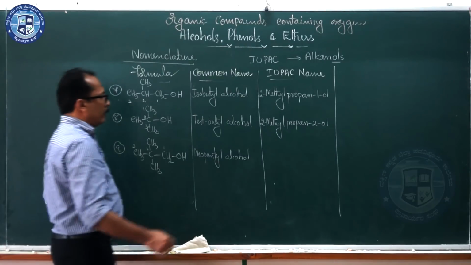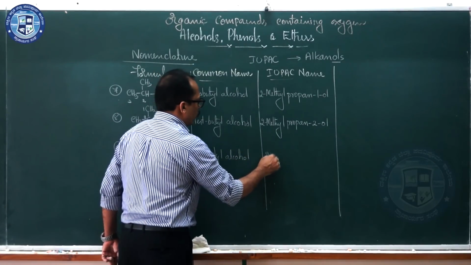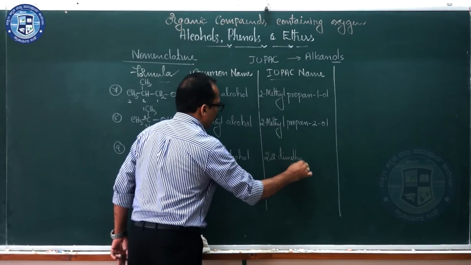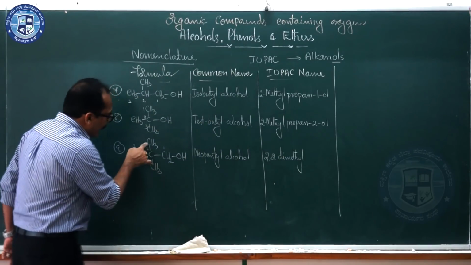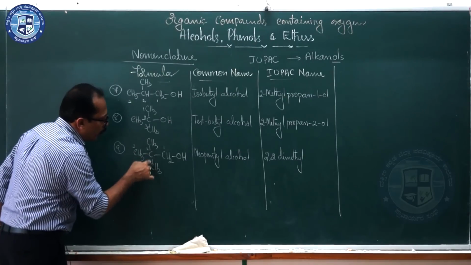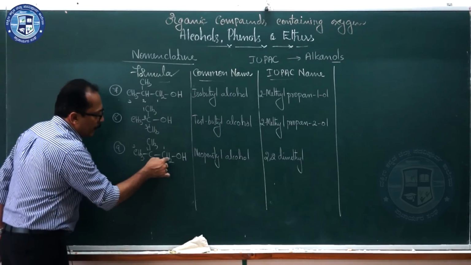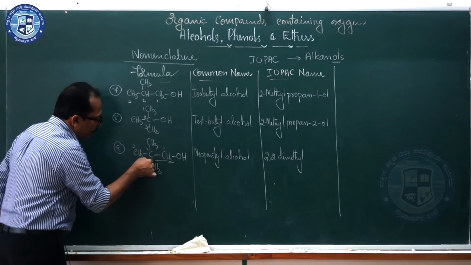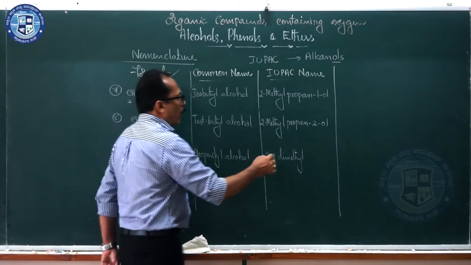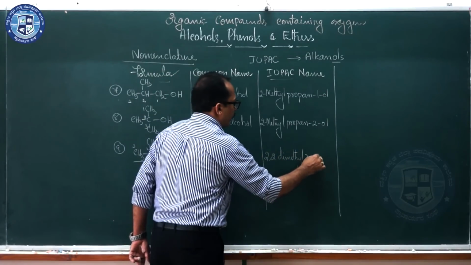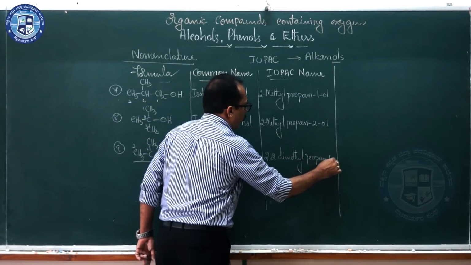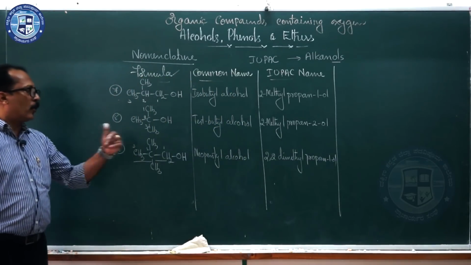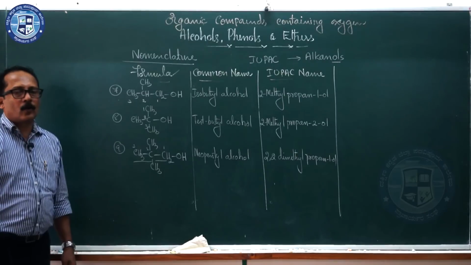The IUPAC name is 2,2-dimethyl. See, at the second position there are two methyl groups. And the longest carbon chain has how many carbon atoms? 3 carbon atoms. So the root word is prop. Propan-1-ol is the IUPAC name for neopentyl alcohol.